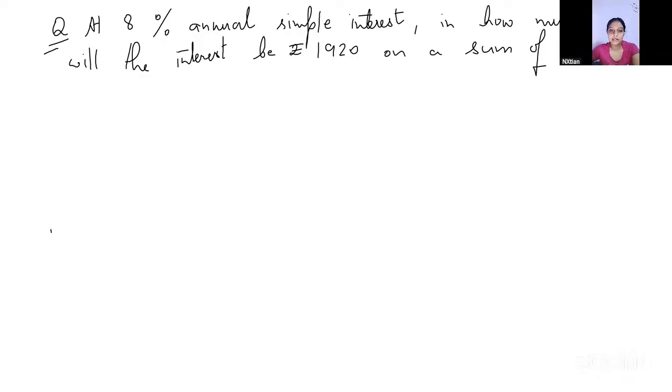At 8% annual simple interest, in how much period will the interest be 1920 on a sum of rupees 400? Principal is 400. Please note that your principal is 400. Interest is 1920 and rate is 8%.